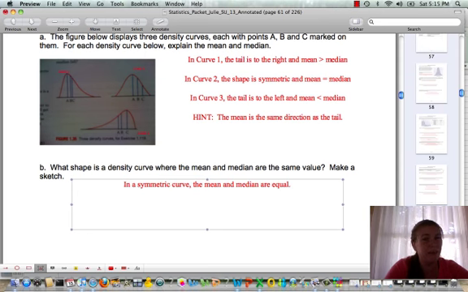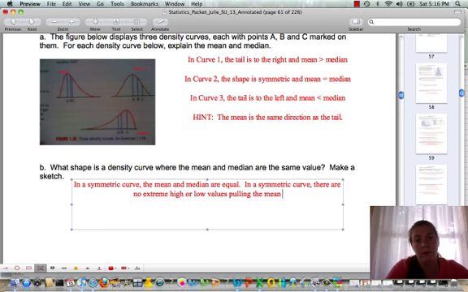And the reason is because in a symmetric curve, there are no extreme high or low values pulling the mean. And then you could make a sketch of a symmetric curve. It would look like this curve 2 right here. A nice symmetric bell shape.